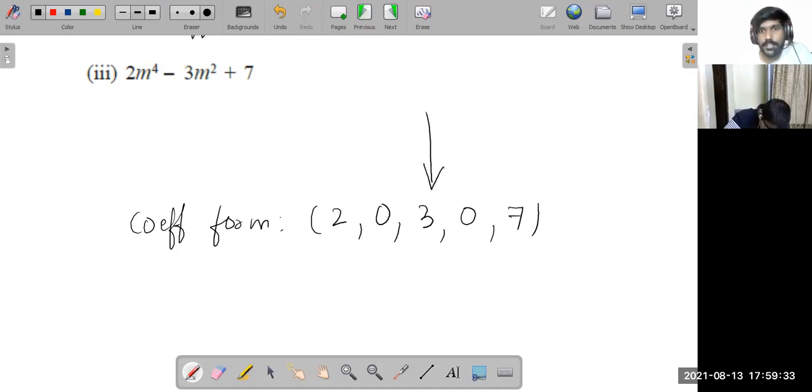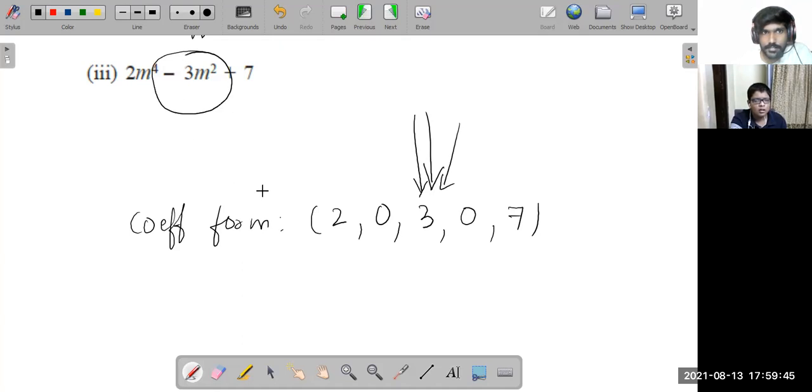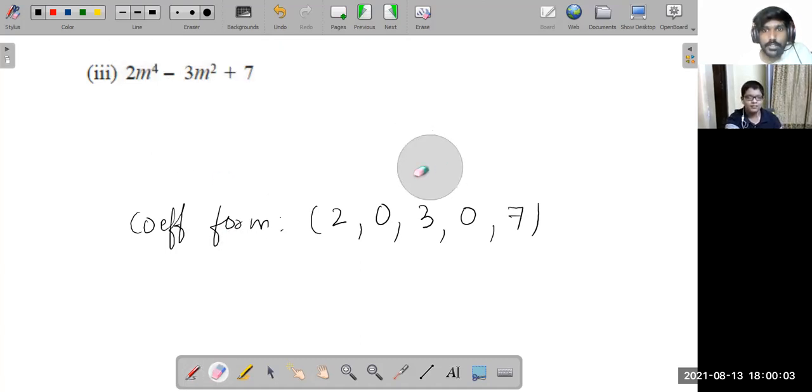Is this right? Look at this, 3 and 7. What is the sign? Minus 3. Signs are very, very important. So it will be minus 3.